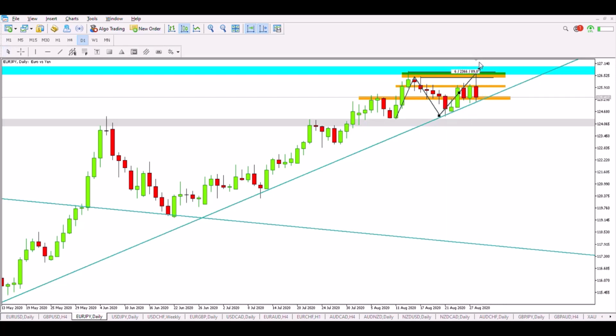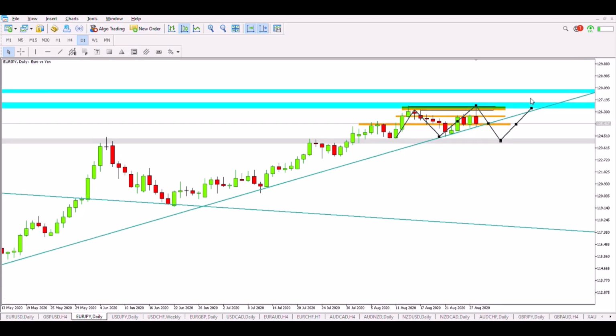Everyone knows the double top pattern or the M pattern, and if we break under the neckline, we can see some strong sell-off of this pair. But of course, this support zone can act as a support once again and push the price up higher to retest this trend line, and then maybe we will see another drop or another push back in the trend.